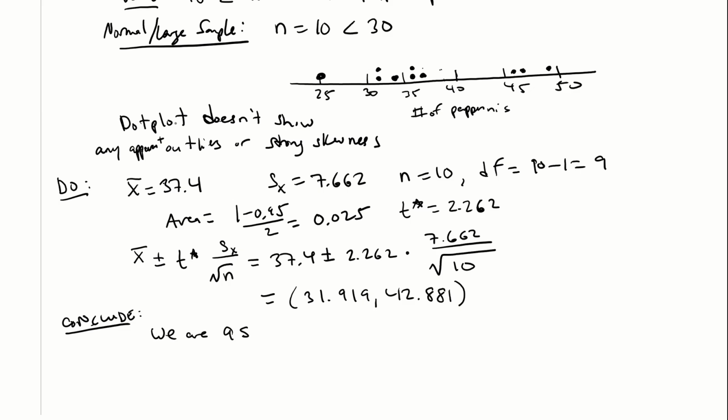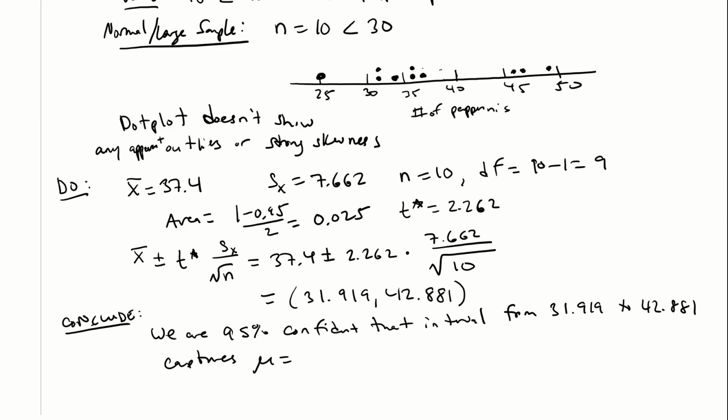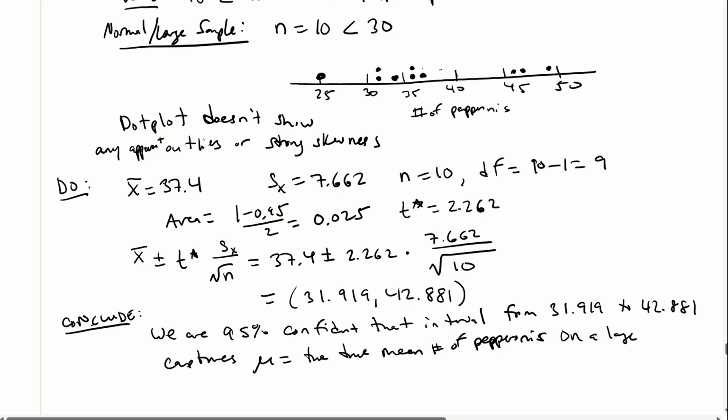We are 95% confident that the interval from 31.919 to 42.881 captures mu, the true mean number of pepperonis on a large pizza at this restaurant.